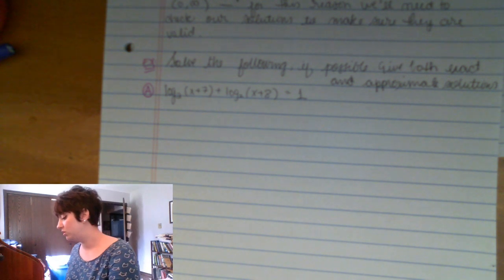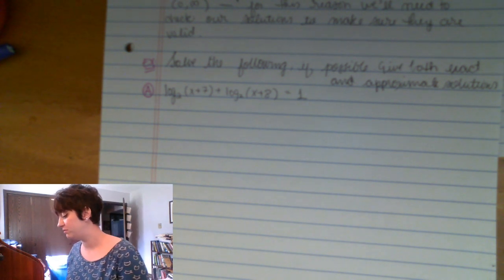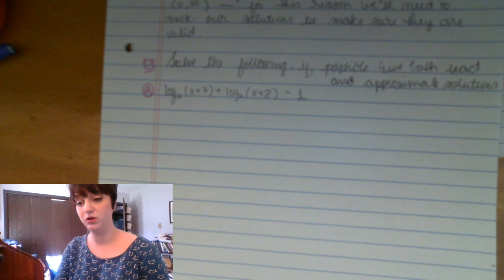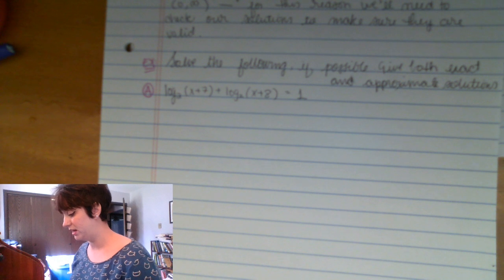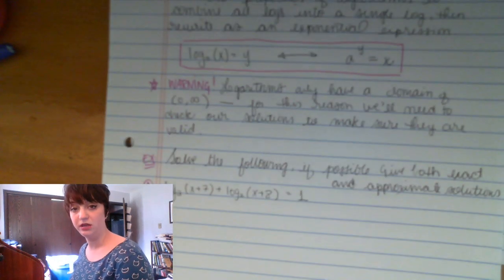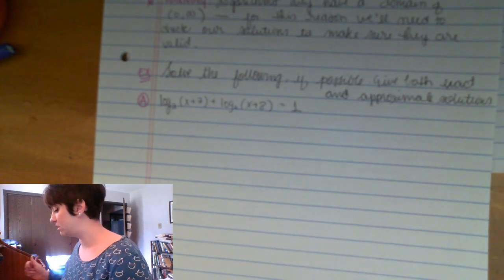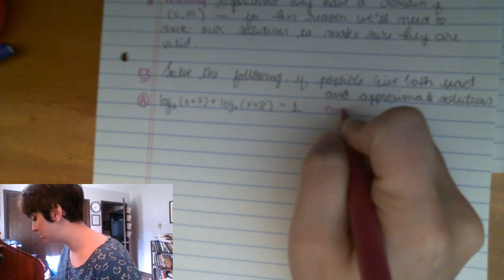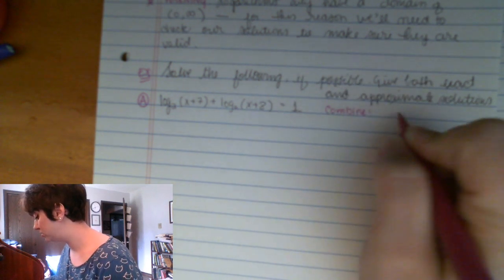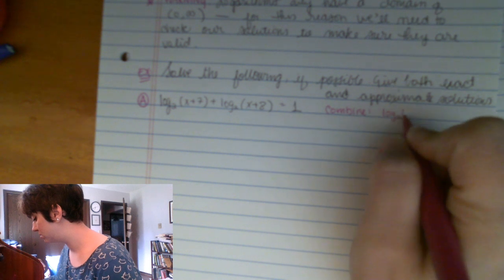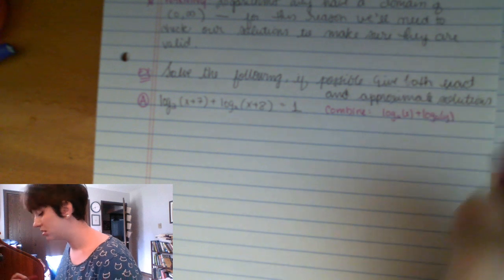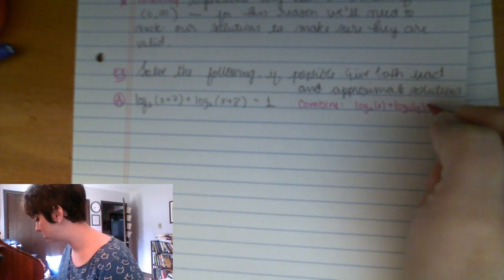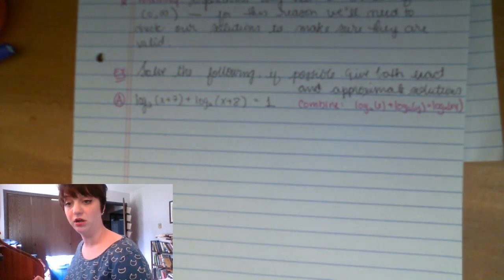Okay, so log base 2 of x plus 7 plus log base 2 of x plus 8 equals 1. Now when I see this, I know that I need log of something equals number, so I'm going to combine the logs using that the sum of logs is a log of product.